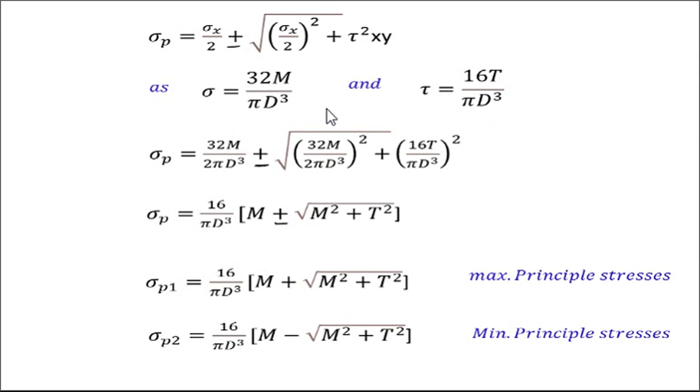As we know, whenever a torque is applied, twisting is there, and at that time shear stress comes into the picture, and the shear stresses are maximum on the outer surface. Whenever you go from the center to the outer surface, the shear stresses increase. That's why these two types of loadings are very important, and from that you can also determine the principal stresses acting on the planes.